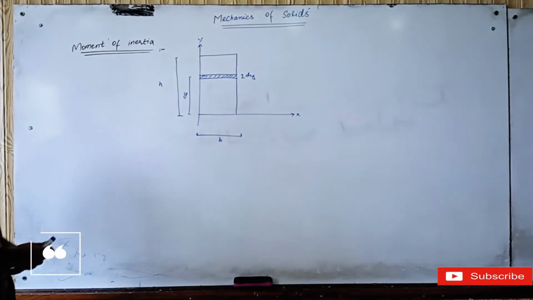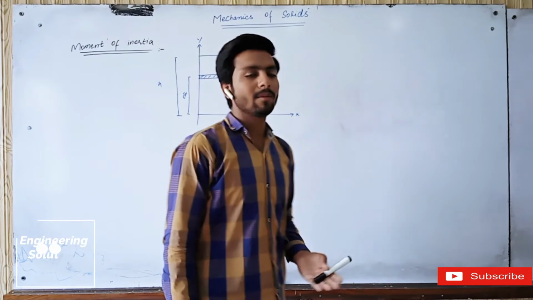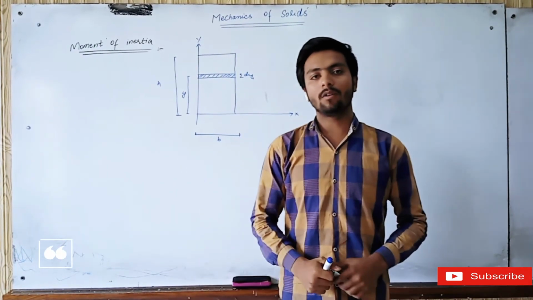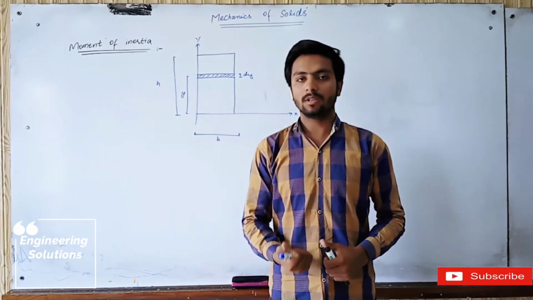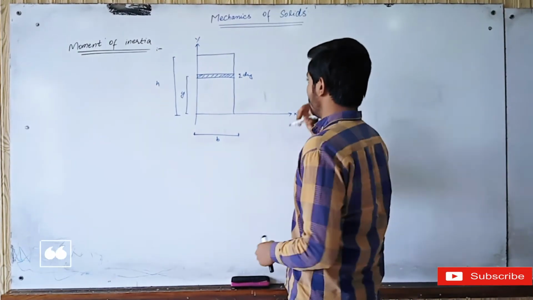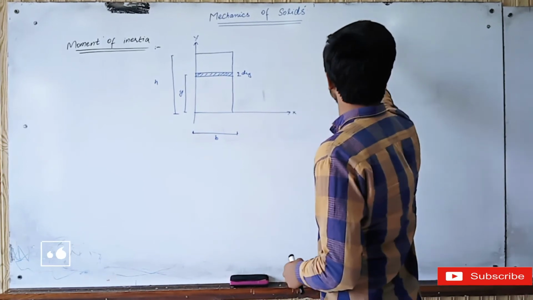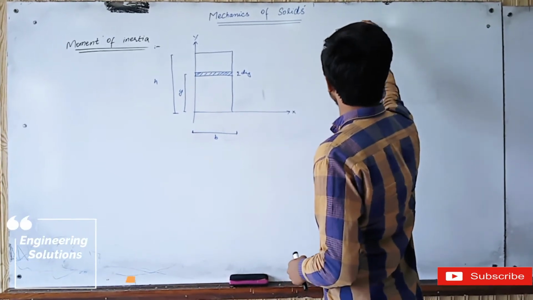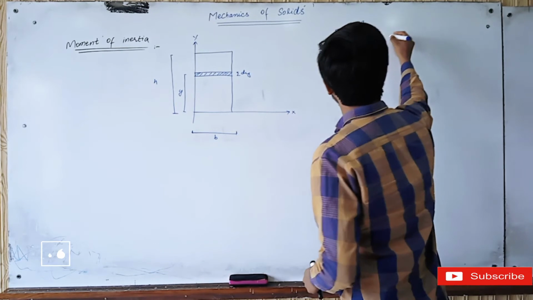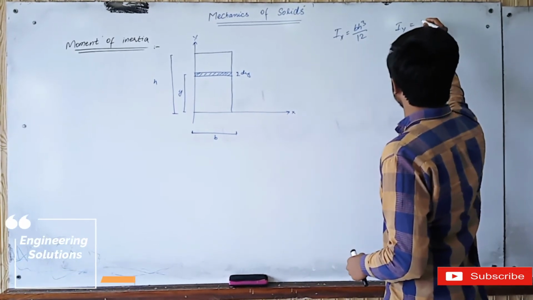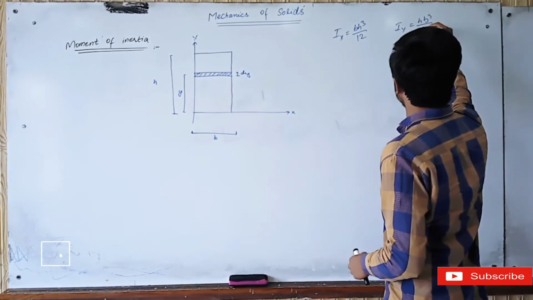And we know the general formulas of moment of inertia of various figures about the principal axis. The moment of inertia for a rectangle about the principal axis is Ix equal to bh cube divided by 12, and Iy equal to hb cube divided by 12.